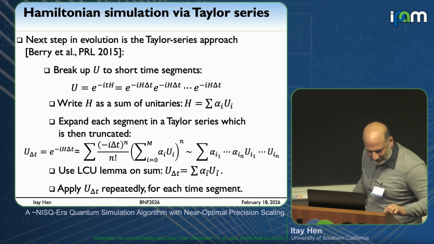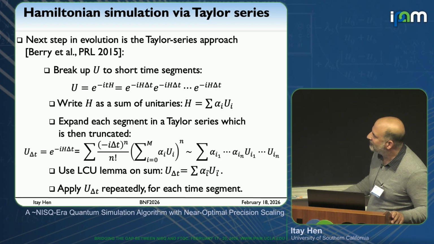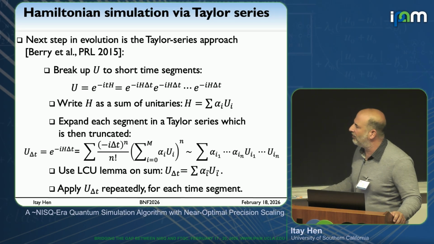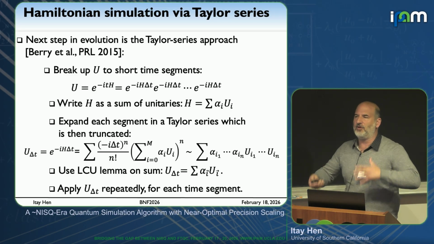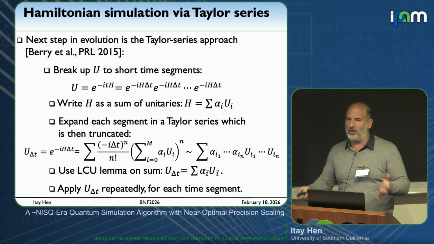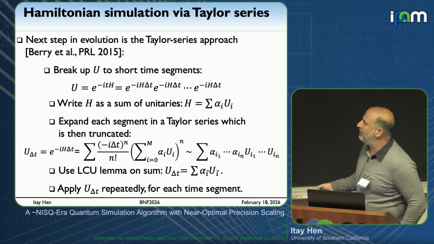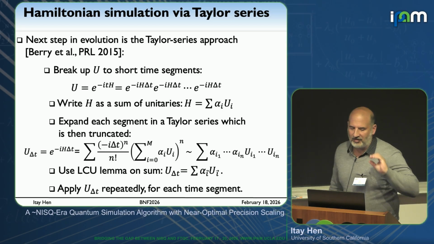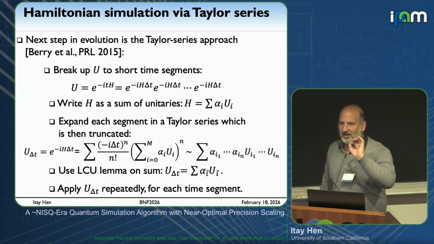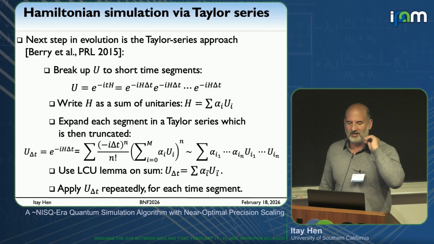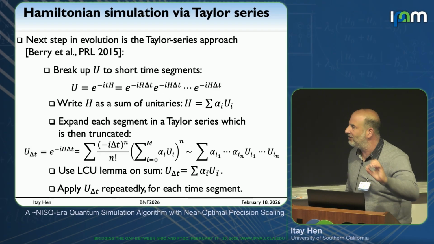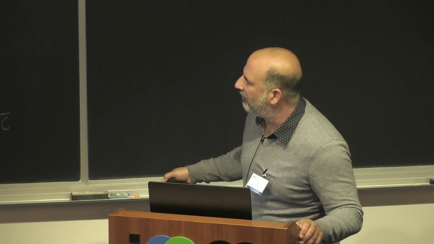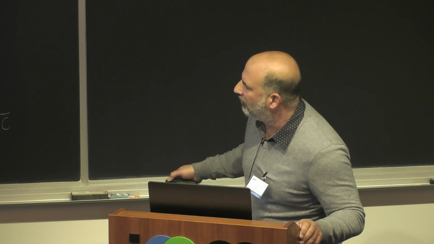I have a couple of slides about that, but we'll see how much time I have. But the LCU lemma, linear combination of unitaries lemma, tells us that if we have a unitary, it could be very complicated, but we can write it as a linear combination of simpler unitaries, then there is a technique, the LCU technique, that tells you exactly what to do to simulate up to some error the total unitary.